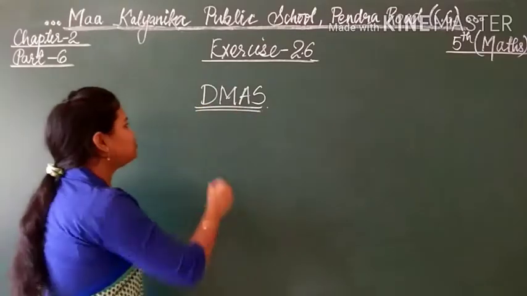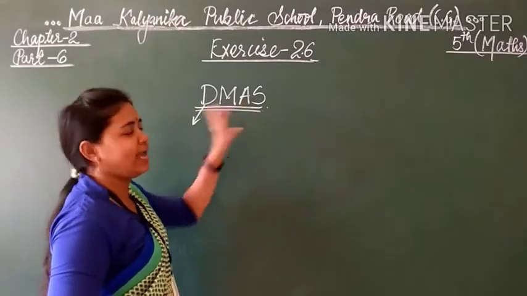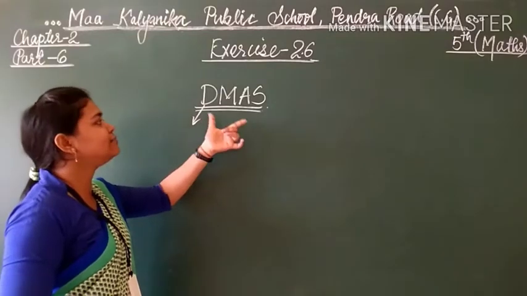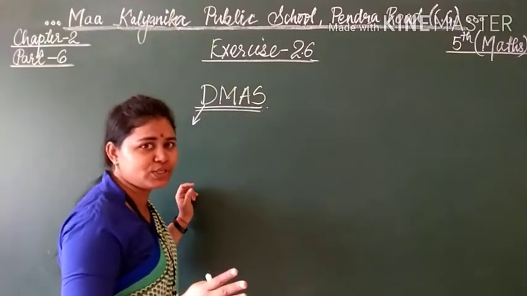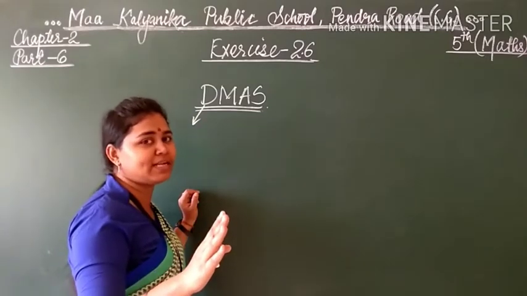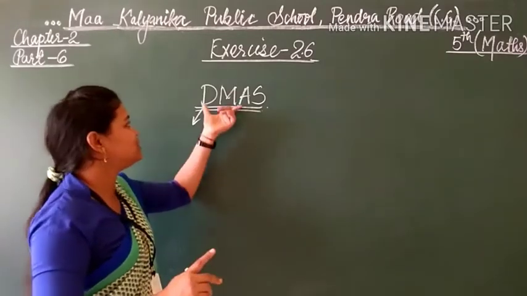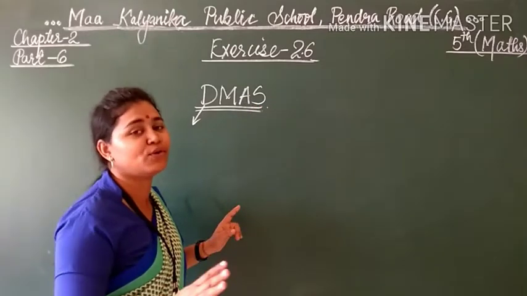And what is this rule? Let's start. See, DMAS. These are the first letters of the 4 operations, which is the name of chapter number 2. I hope you remember the name of chapter number 2. Yes, the 4 operations. What are those 4 operations?